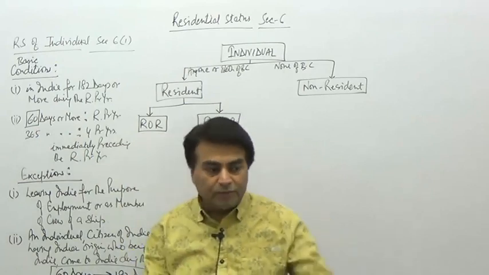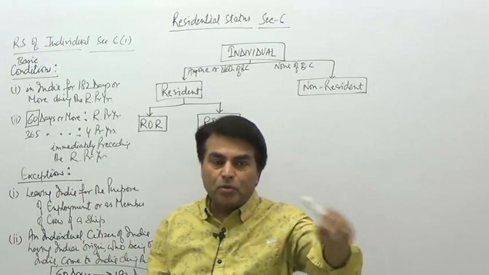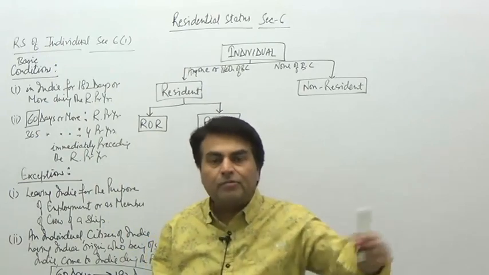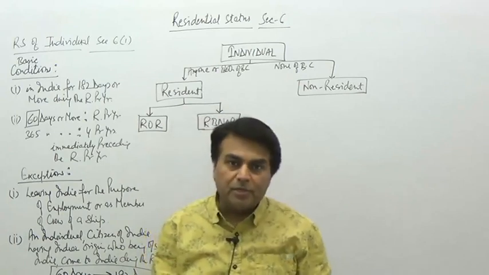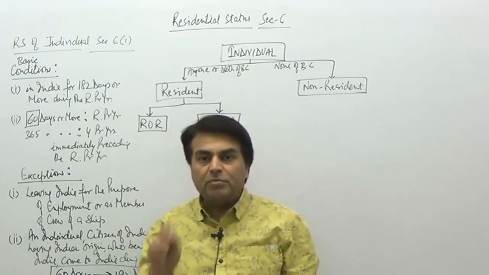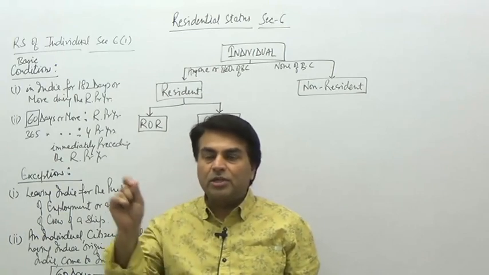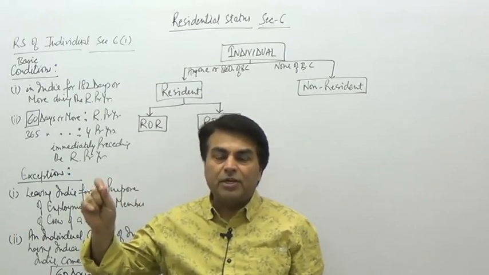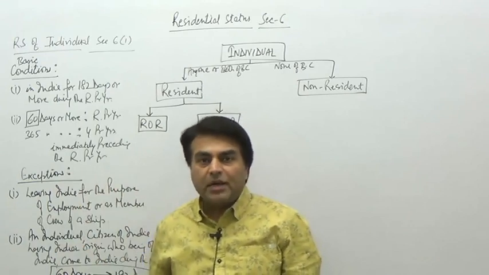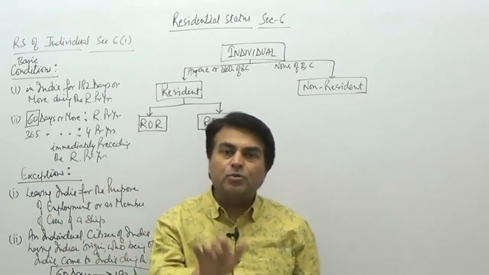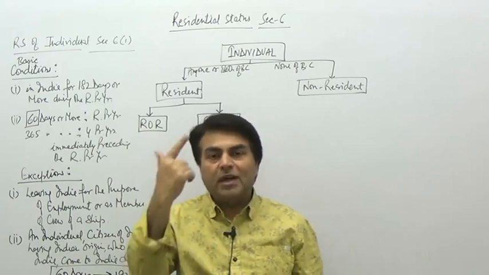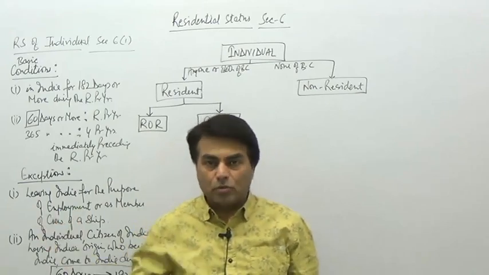Okay. So if there is Mr. X who has left India for the purpose of employment during the previous year, for him the basic conditions would be: number one, you need to check whether he was there in India for a period of 182 days or more, and second, again you need to check whether he is there for 182 days or more and during the last 4 previous years 365 days or more.